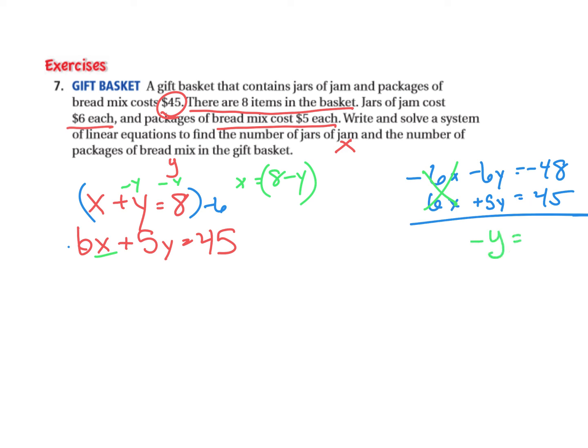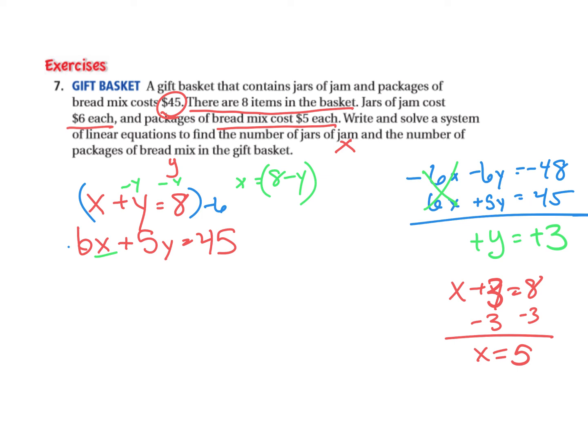And a negative 48 plus 45 gives me a negative 3. So y equals a positive 3. And if I take that first equation again, x plus y equals 8, y is going to be 3. Subtract 3 on both sides, x equals 5.